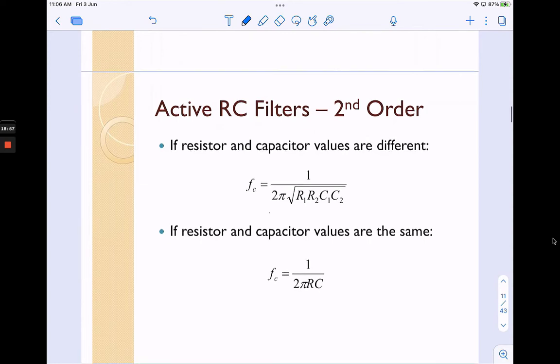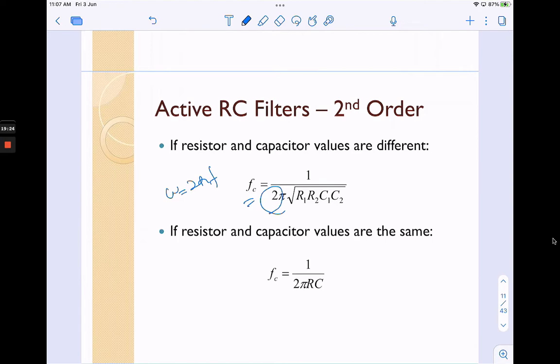Okay, where does 2 pi come from? It actually comes from omega equals 2 pi f. So you can use either omega c or fc, it depends, but you have to compensate with 2 pi if you use the frequency fc.